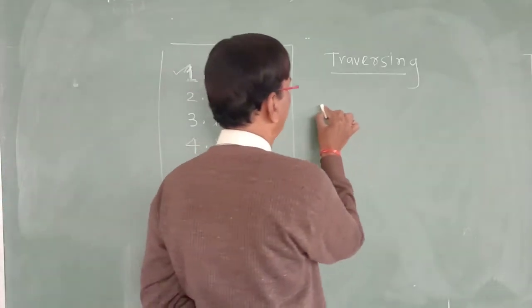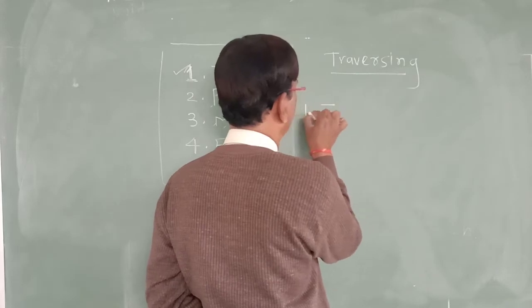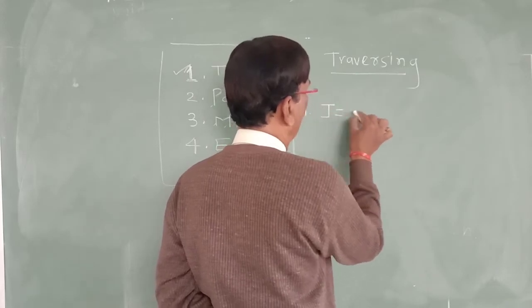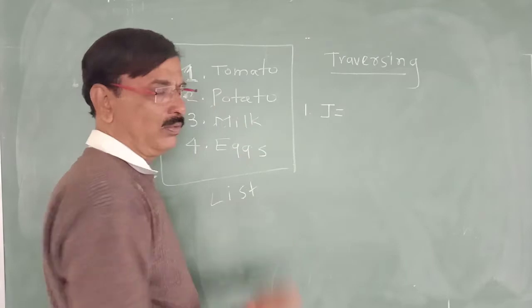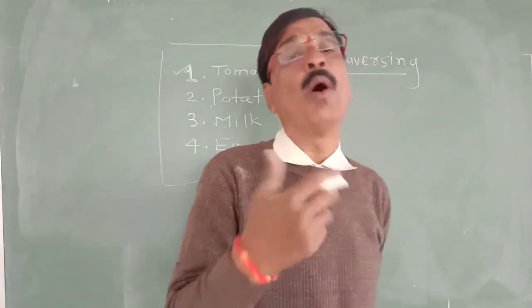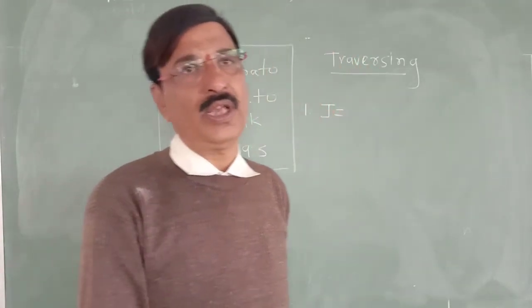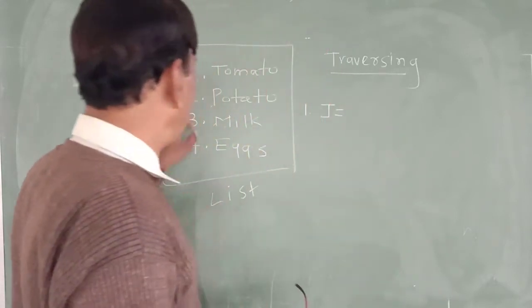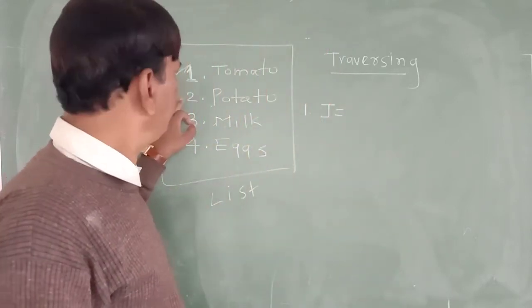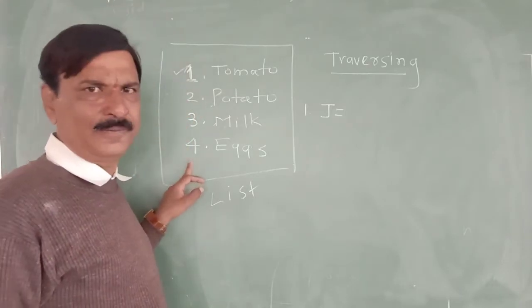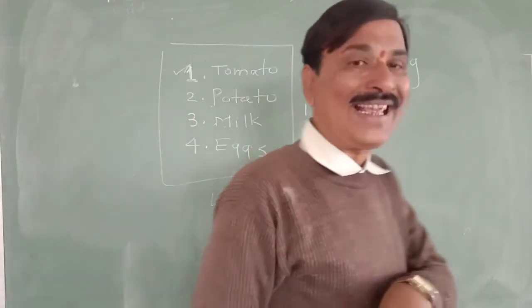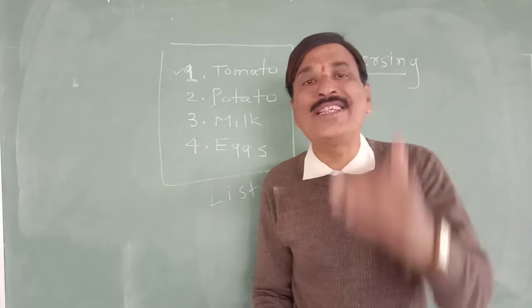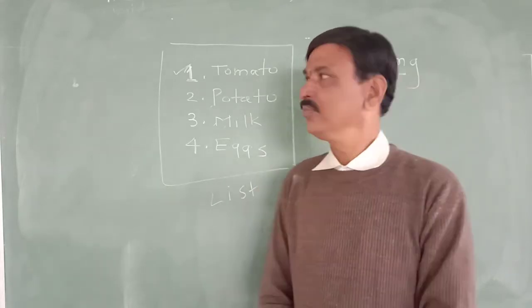So how will you write it? You will say, step number 1, J is equal to 1. What exactly does 1 mean? You will say it is the index. What exactly does 2 mean? That is also an index. So this is the index set. Index set is a set of n consecutive numbers.